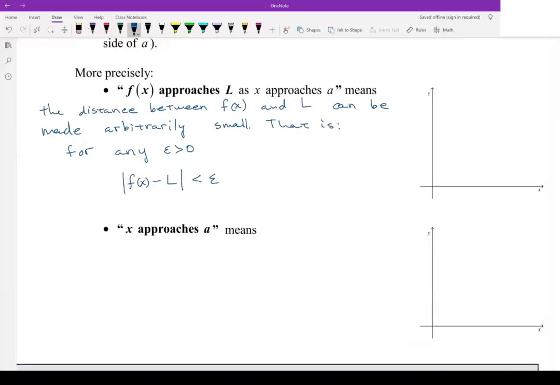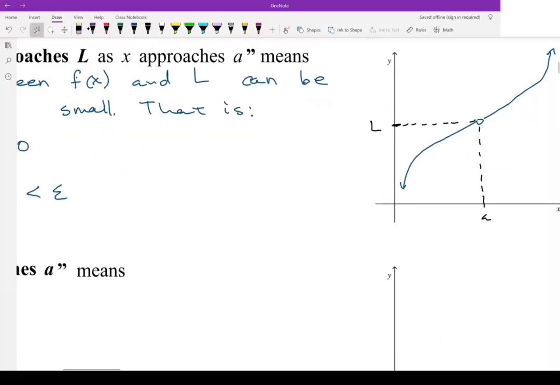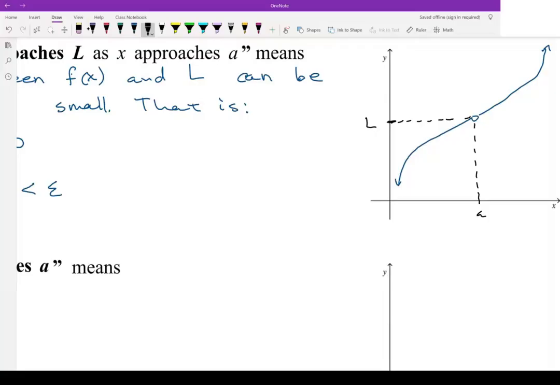So if I gave you a graph that maybe looks like that, and we call this A, and we call that L, we have L plus a little bit right here.